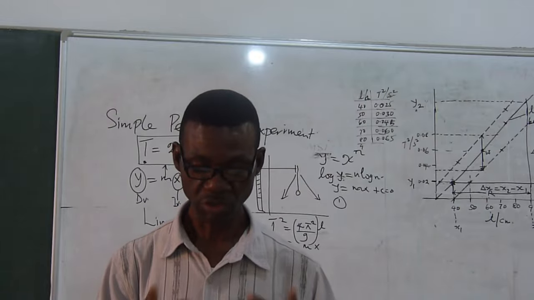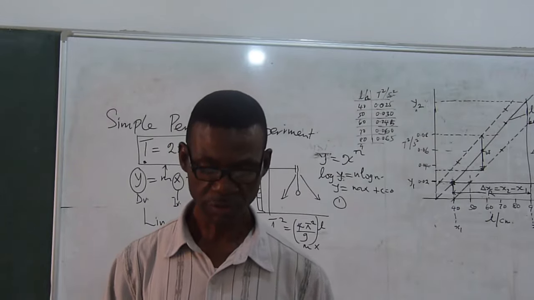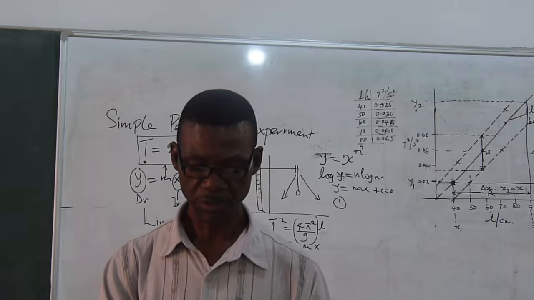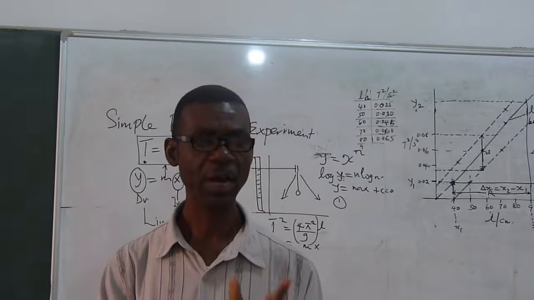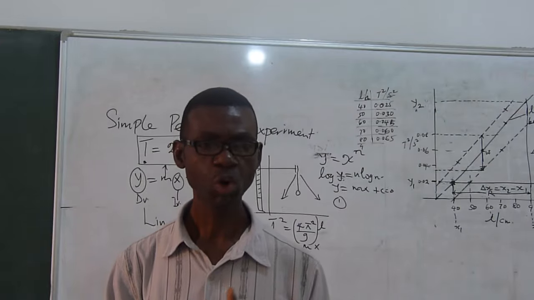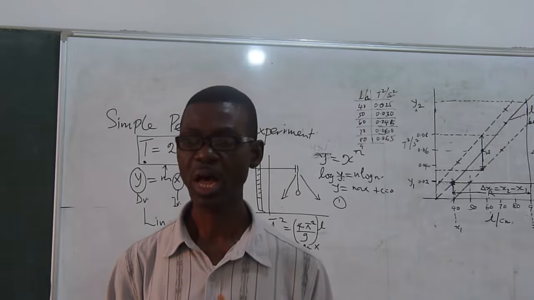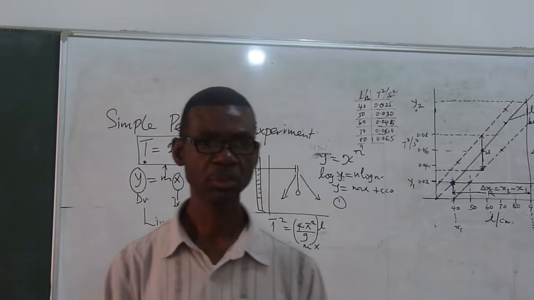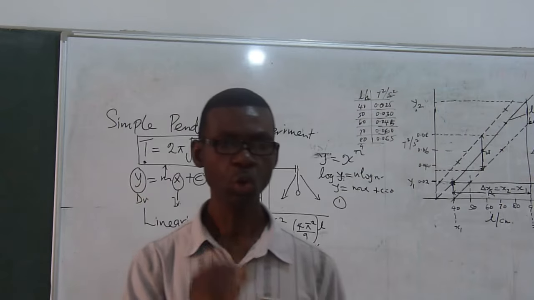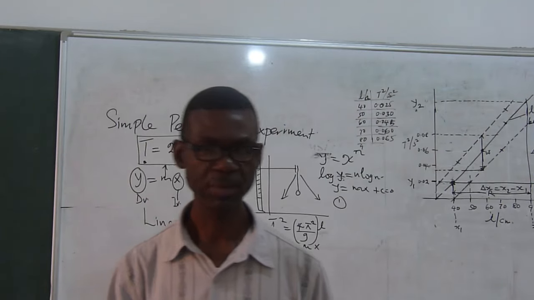After that, you present your results. In your result presentation, the result can be presented in two or three ways. Number one, we can ask you to tabulate. Most of the time we tabulate, that is, all the measurements we take, we put them in a table.